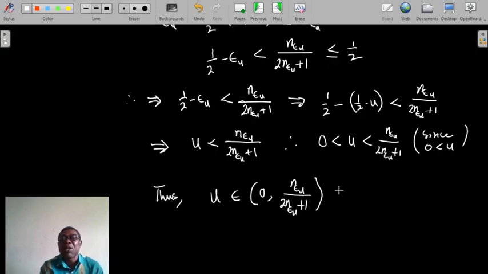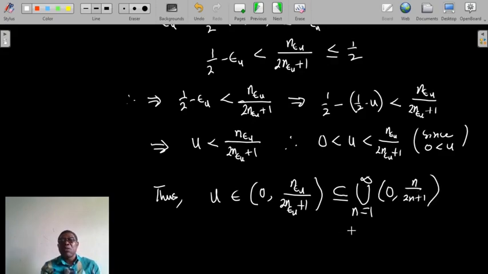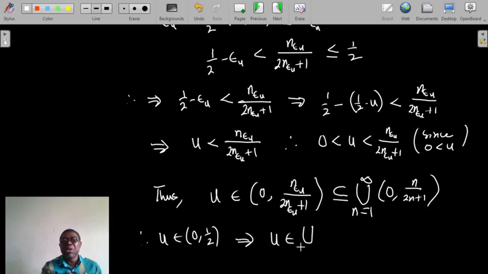And this interval, of course, is a subset of the union n equals 1 to infinity of 0, n over 2n plus 1. So what have we achieved? What we've achieved, therefore, is that u in the interval 0, half implies that u belongs to the union n equals 1 to infinity of 0, n over 2n plus 1.